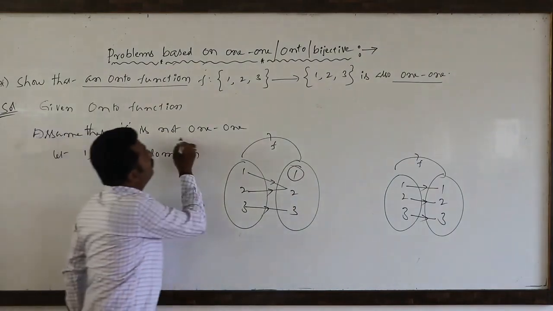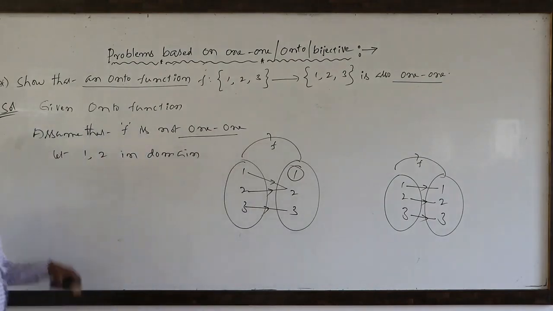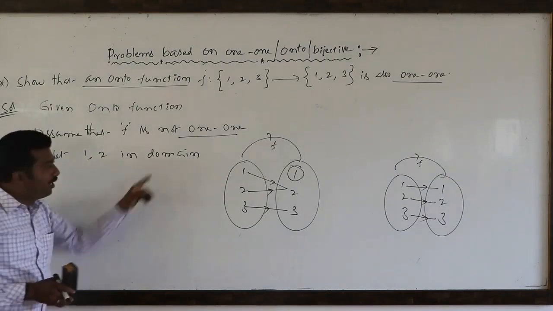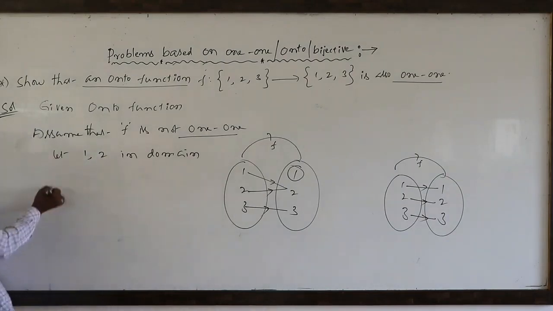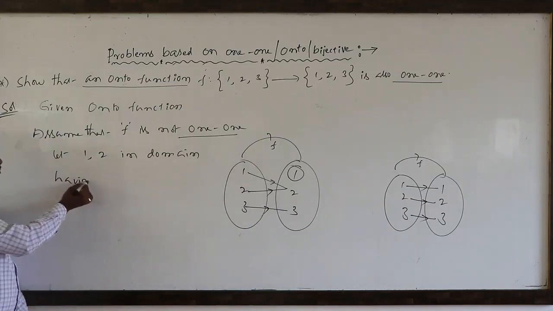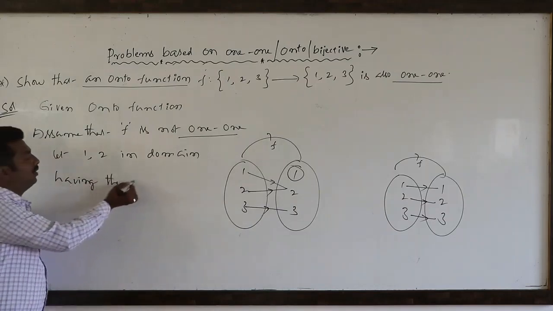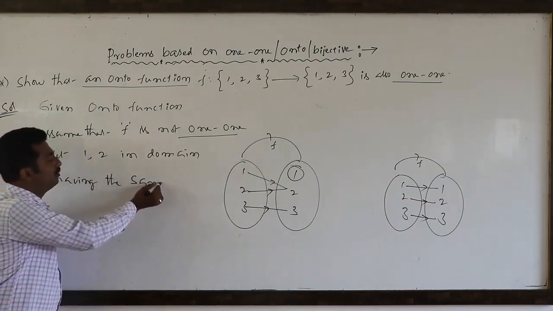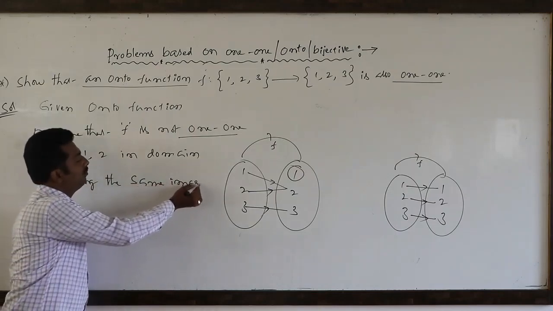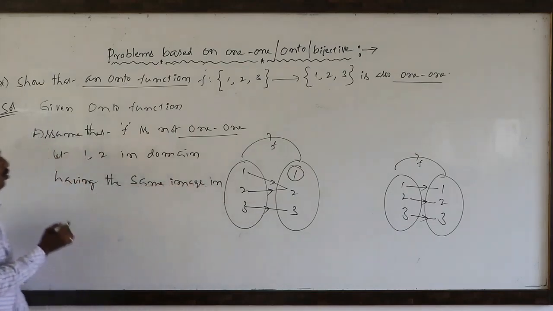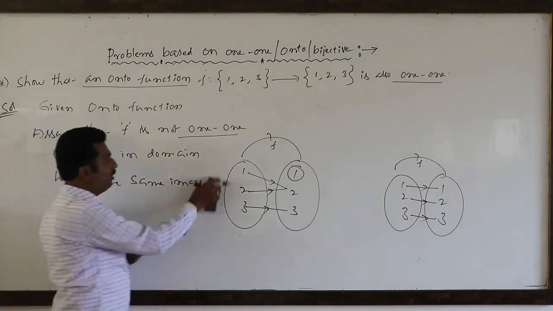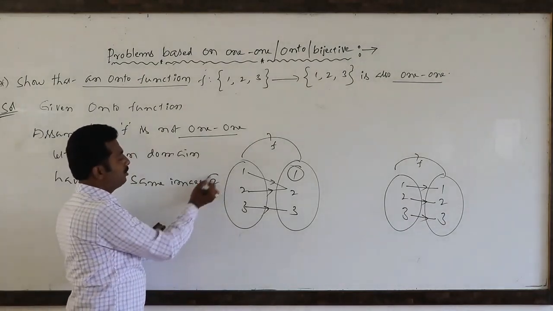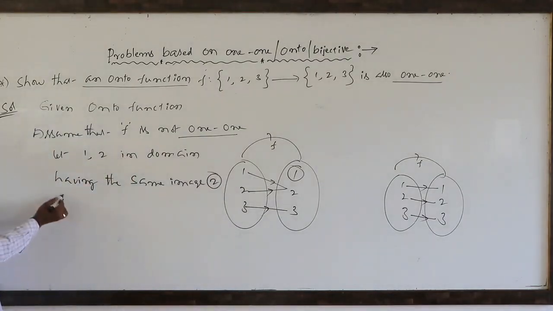What is our assumption? F is not 1-1. So what is correct? F is 1-1 is correct. This is only our assumption. Let 1, 2 in domain have the same image in codomain, same image 2 I will take.